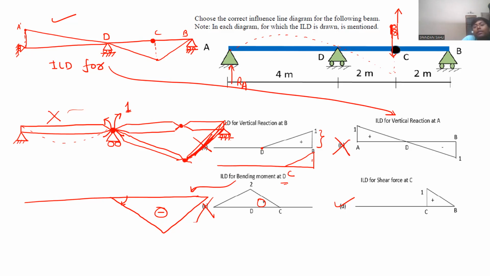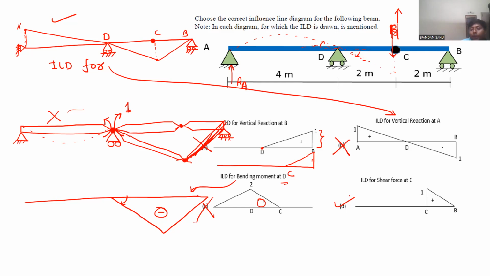How do you check the compatibility at this point? You check that this slope and this slope should be the same, and that curve will extend till the point where you are pulling. So it will be a higher order curve, but not linear.